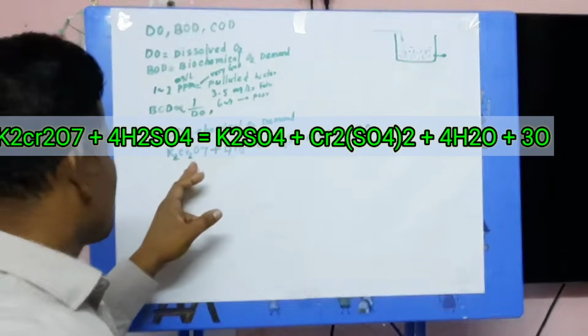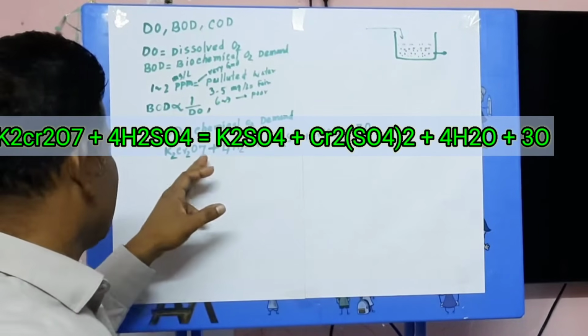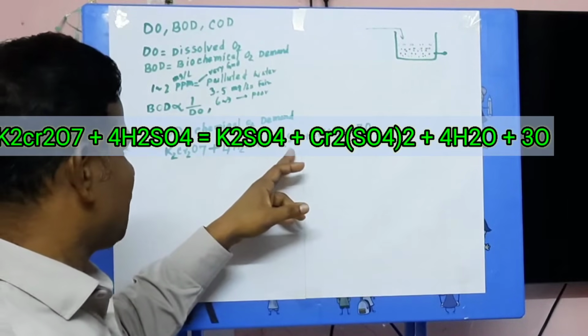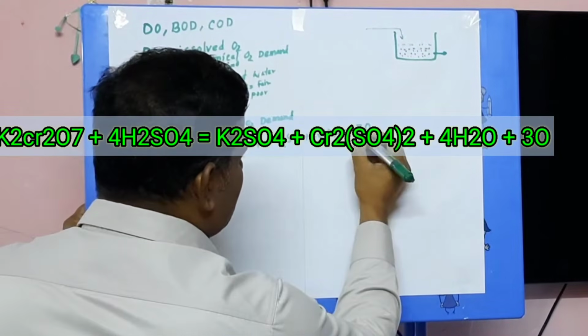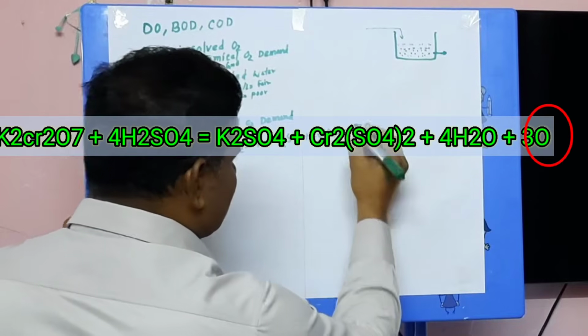So after reaction with sulfuric acid, it creates potassium sulfate, chromium sulfate and 3 oxygen.